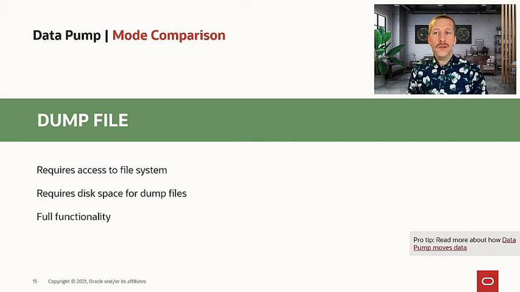If you compare the two options, Data Pump in dump file mode requires access to the file system of the database hosts because we need to move the dump file around. Also, you need to have disk space to hold the Data Pump dump file. But the good thing about Data Pump in dump file mode is that you get the full functionality of Data Pump.